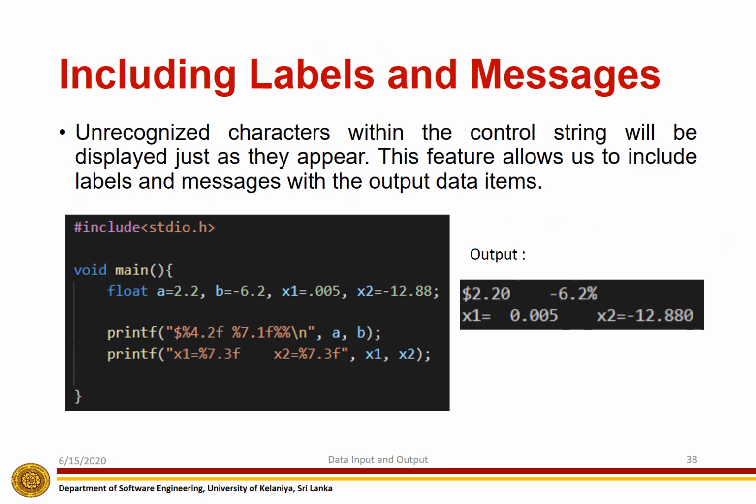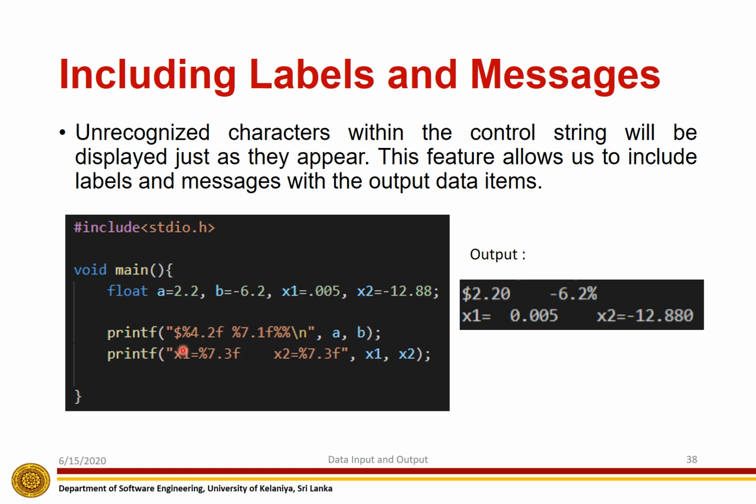The last important point in here is that unrecognized characters within the control string will be displayed just as they appear. This feature allows us to include labels and messages with the output data items if we wish. For example, you can see in the slide I have declared and initialized four integer data type variables and four floating point data type variables, and there are two printf functions.